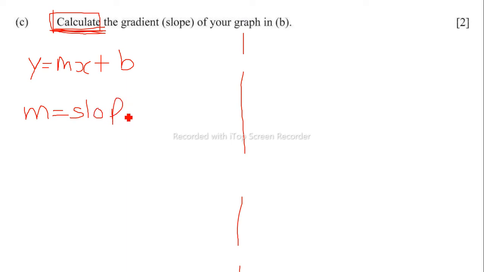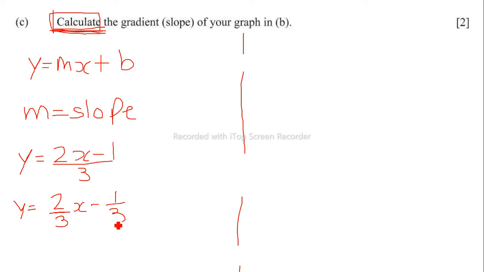The equation that we were given was y equals (2x minus 1) divided by 3, which means we're going to take this 3 and separate it for both terms. So y equals 2 over 3 x minus 1 over 3.